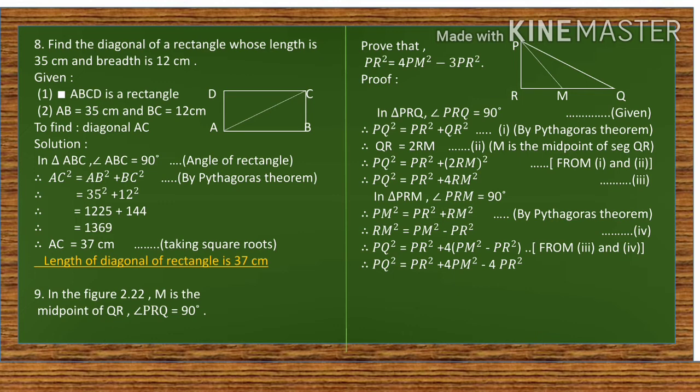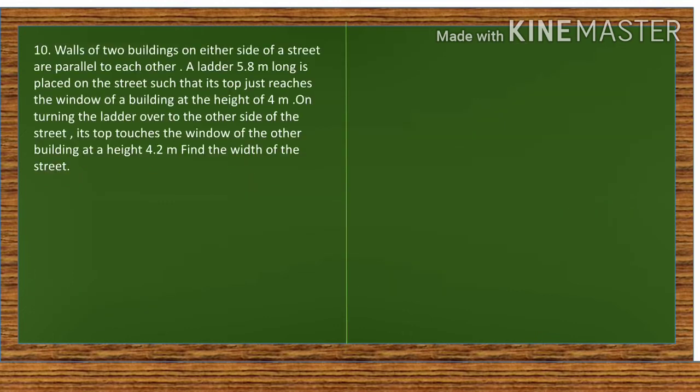So, minus 4PR square plus PR square will become minus 3PR square. Therefore, PQ square is equal to 4PM square minus 3PR square. Hence it is proved.